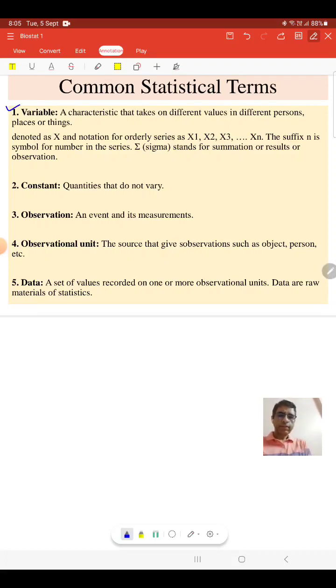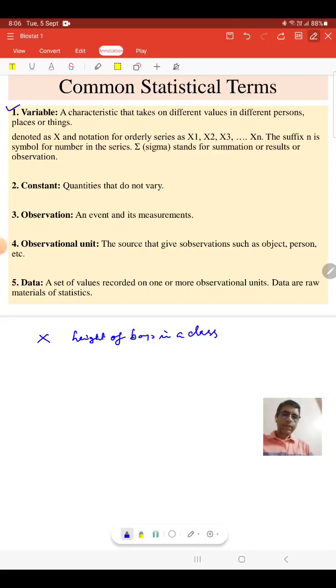It is denoted by X, and the notation for an orderly series is x1 to x3; it is mentioned as a series. So any variable can be denoted as X. Say in a community you are going to observe the height of boys in a class.